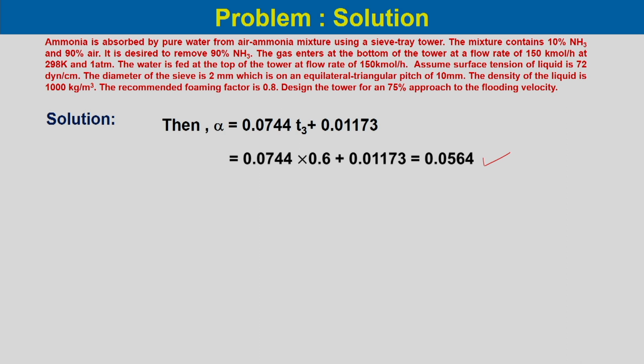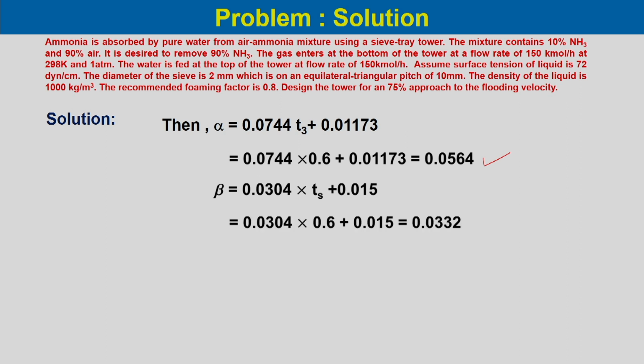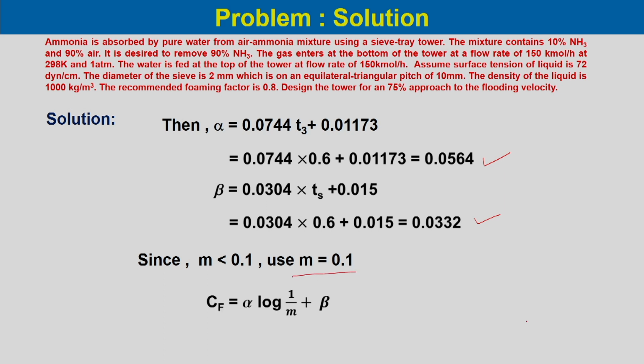So, alpha we can calculate, then we can calculate beta using the relations which are provided in the lecture, which will be around 0.0332. Since m is less than 0.1, use m is equal to 0.1 as we have said earlier.